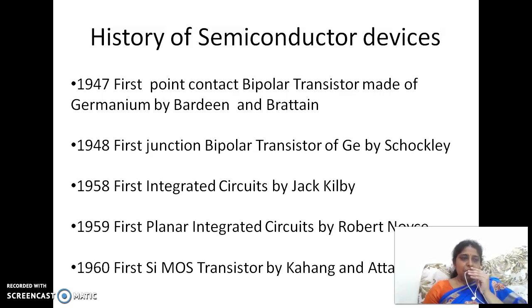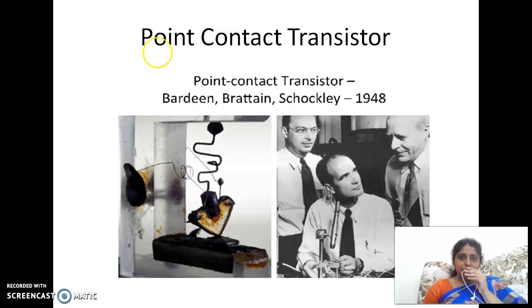Coming to the history of semiconductor devices, in 1947 the first point contact bipolar transistor was made by Bardeen and Brattain. This is the point contact transistor, made by Bardeen, Brattain and Shockley. These three are the teammates.